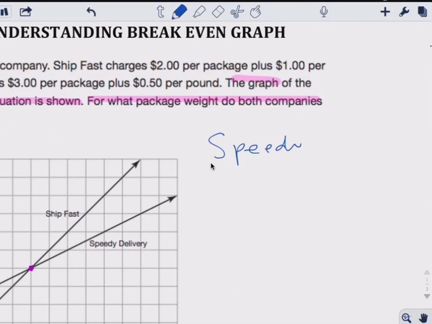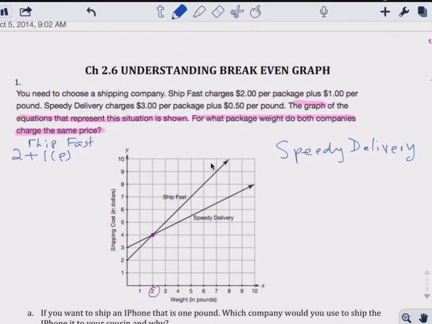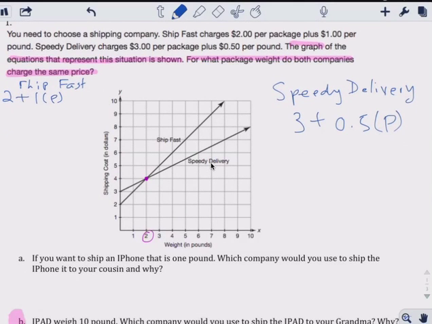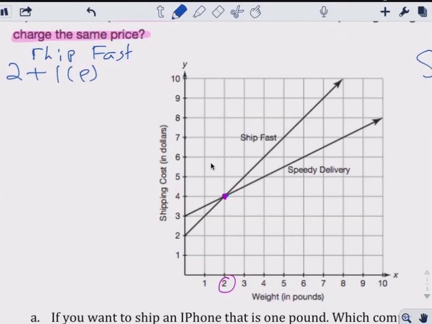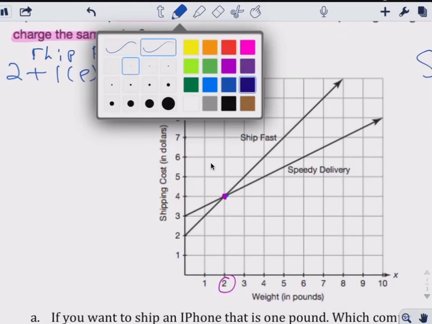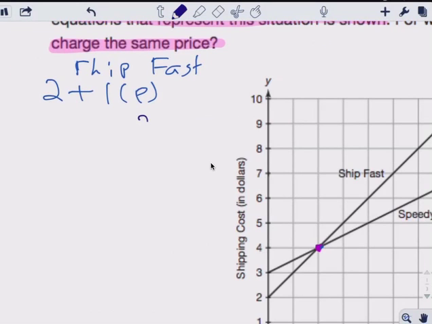Speedy Delivery is $3 plus 0.5 times the number of pounds, right? In this case, it is 2 pounds where the two lines cross. Let's use that 2 pounds and input it for pounds there. 2 plus 1. Order of operations says we need to multiply first, right?